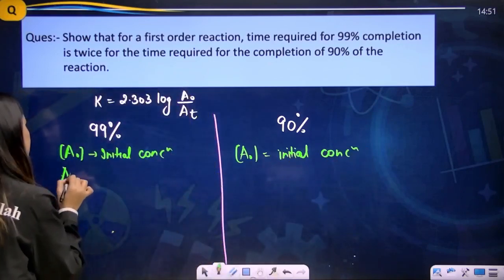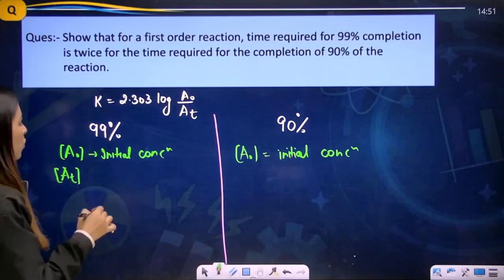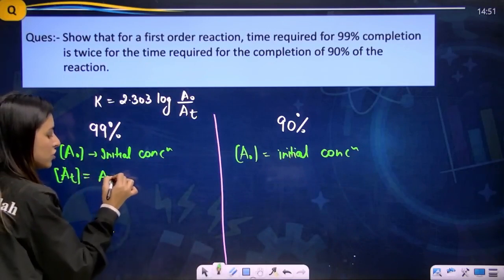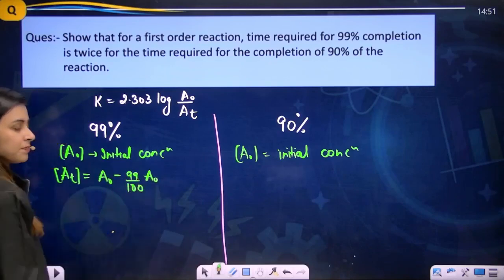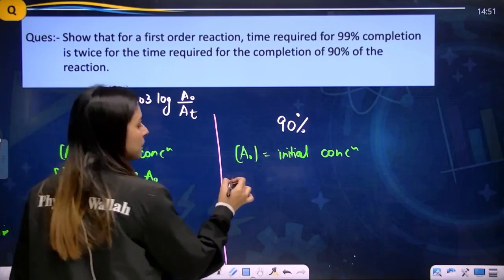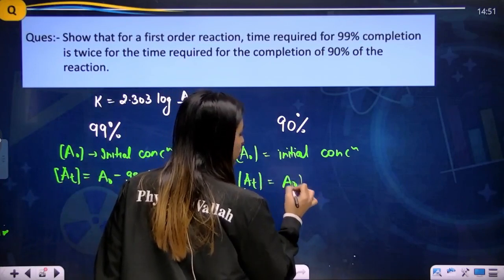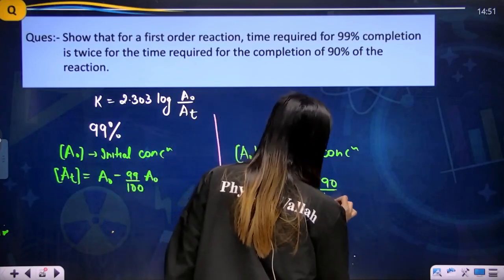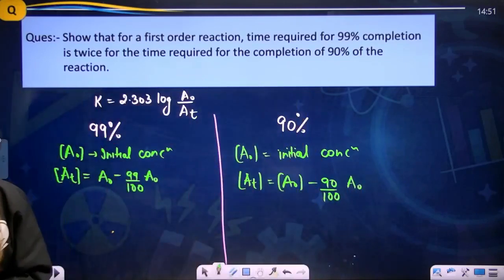Let's say A t is the concentration at 99% completion. This will be equal to A naught, the initial, minus 99 upon 100 of A naught. And this will be for 90%. So A t here will be equal to A naught, the initial concentration, minus 90 upon 100 of A naught. Right? This will be the value for A t.